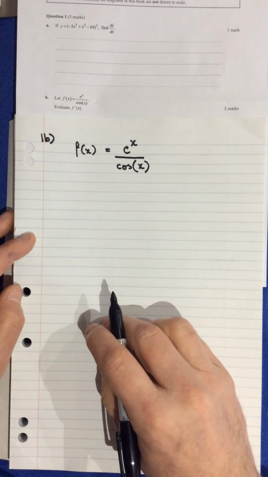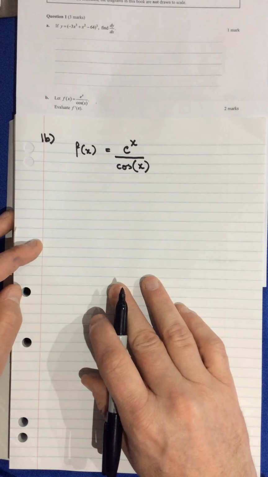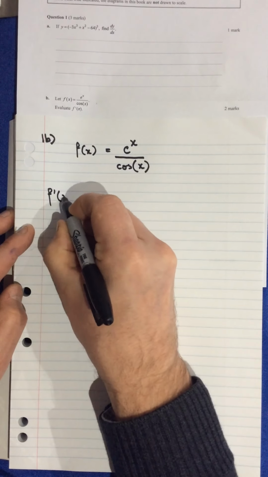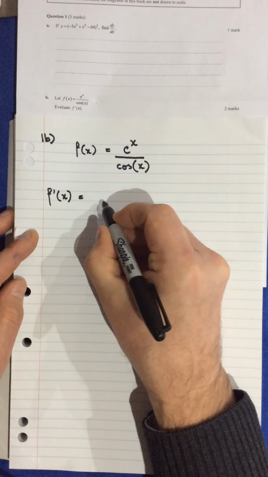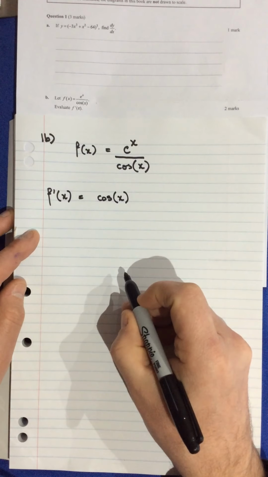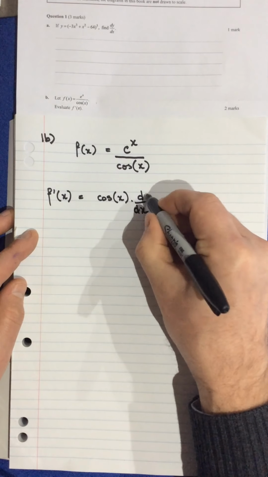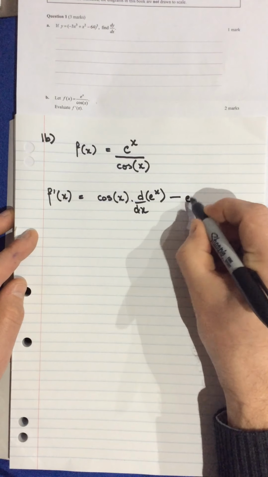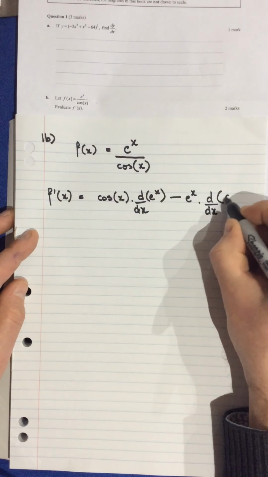So this is a classic quotient rule problem. I'm not going to write that out, that's on the formula sheet. But basically, if we are going to differentiate that, I'll have the lower part of the function, the denominator, multiplied by the derivative with respect to x of the top part, e to the x, minus the top part multiplied by the derivative with respect to x of the bottom part, cos x.